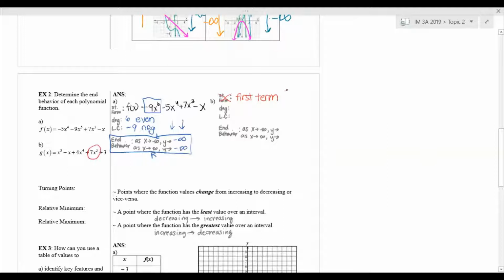So that means 7x to the 5th is the first term, which tells us that the degree is 5 and that the leading coefficient is 7. So we have an odd degree and a positive leading coefficient.